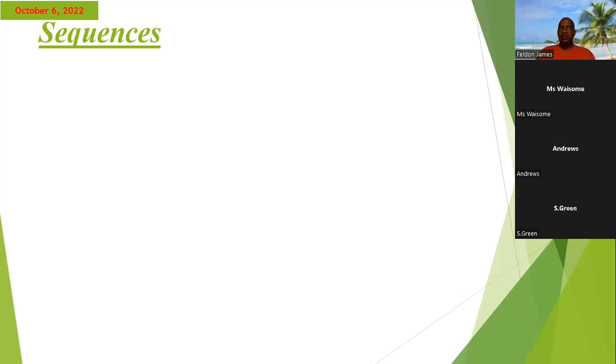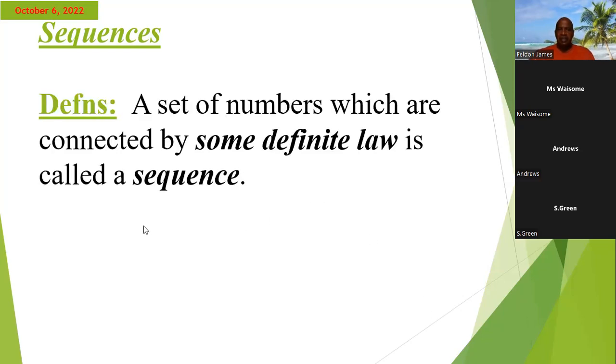Now you could also think of any other law that you could use. I mean, you have various laws that you can use to form a sequence. So in essence, this is what a sequence is. It's a set of numbers which are connected by some definite law.